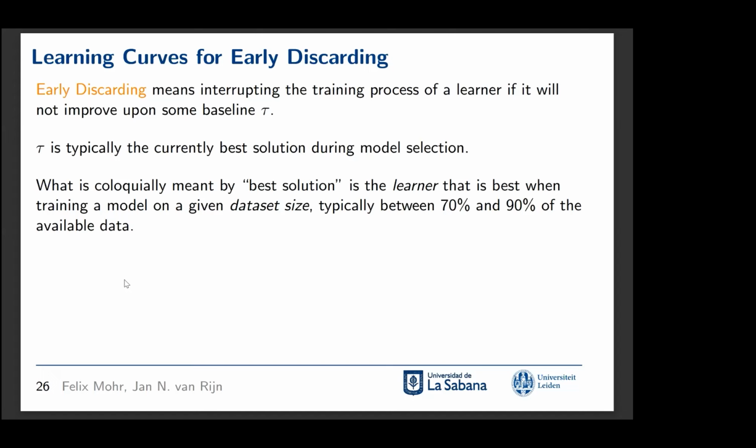So what is that, by the way? Typically, that means that you're talking about a concrete point on a learning curve. You say, I have 1,000 instances available. I want to use 100 for testing. So what I refer to as the best solution is that learner that, using 900 instances for training, gives me the best model. That's not necessarily the best learner if you have only 800 instances available.